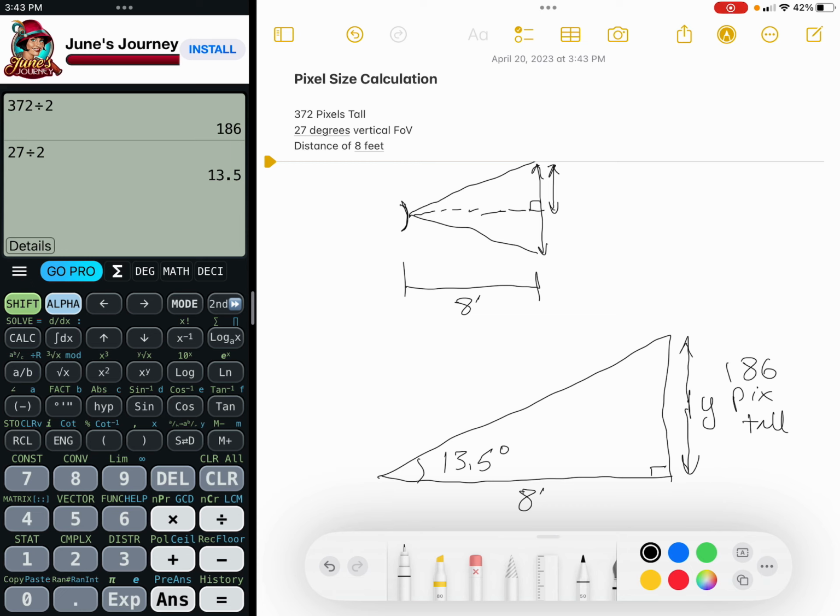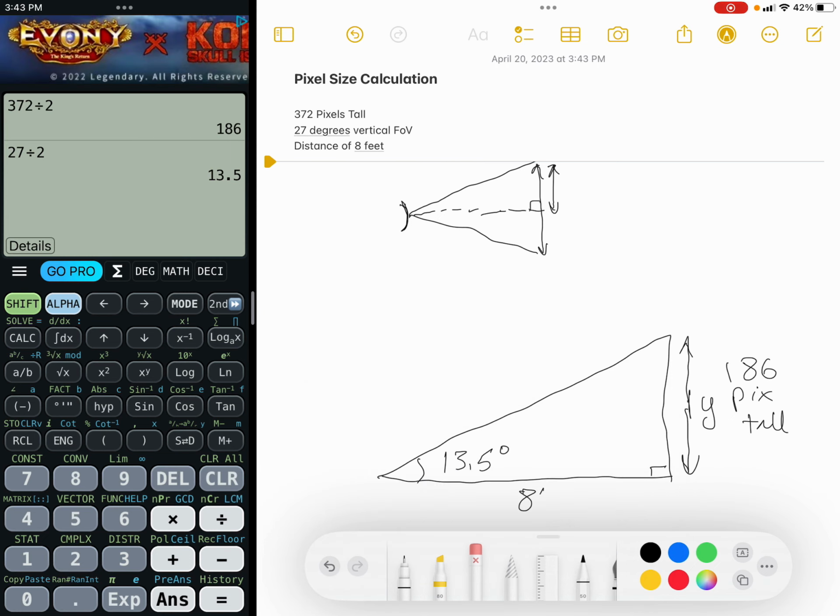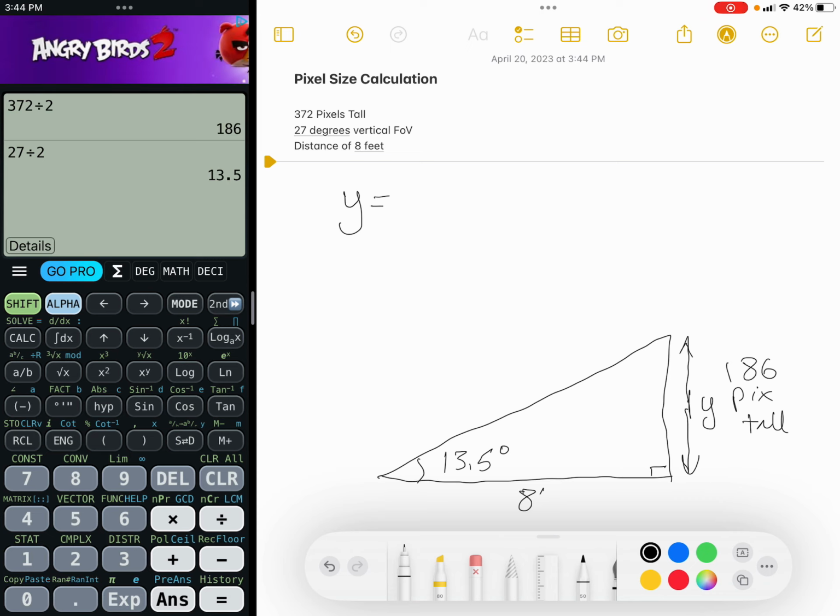So now we can do a little bit of trigonometry in order to make these calculations. I'm going to go ahead and erase the upper one here, so I have some room to do my trigonometry. The first thing we've got to find out is this height, our y. Using trigonometry, y over 8 is going to allow us to do a tangent.